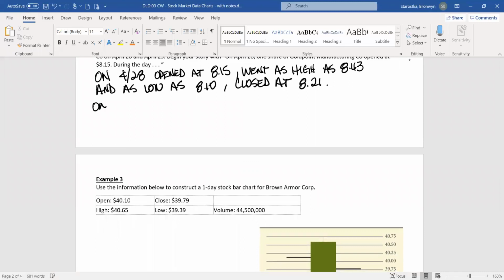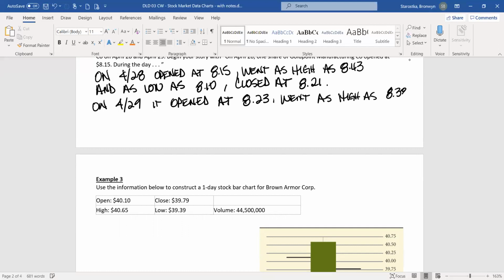So on 4/29, it opened at $8.23. And its high is $8.38, when its low is $8.08, and then it finally closed at $8.12.